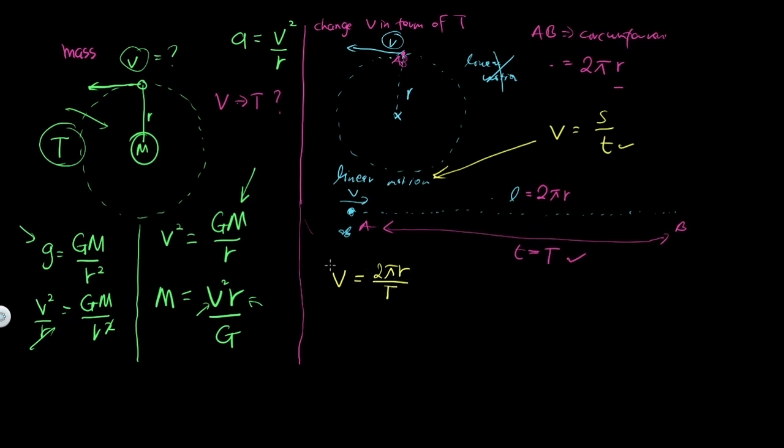Now we have this equation. That means we have the speed in terms of radius and the period. 2 pi is a constant, so it shouldn't give us a problem. So we have radius and then we have the period.